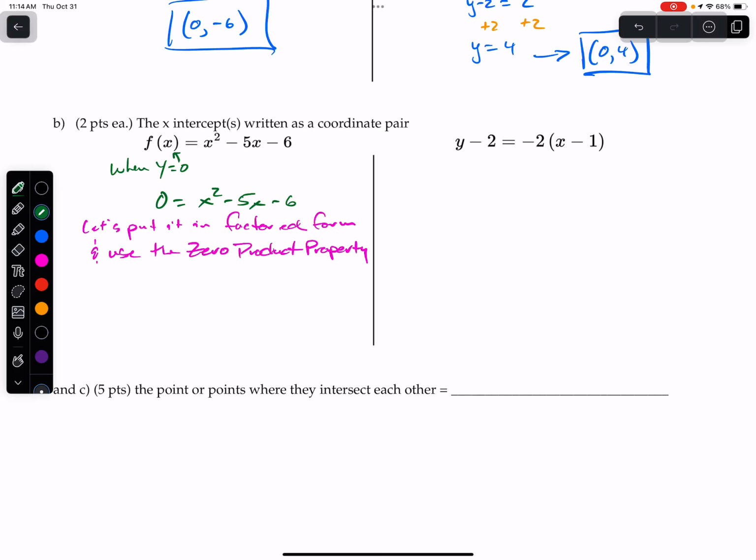So factored form for this would be 0 equals x minus 6 times x plus 1, which means x minus 6 equals 0, so x equals 6, or x plus 1 equals 0, so x equals negative 1. So our points are going to be 6, 0, and negative 1, 0.